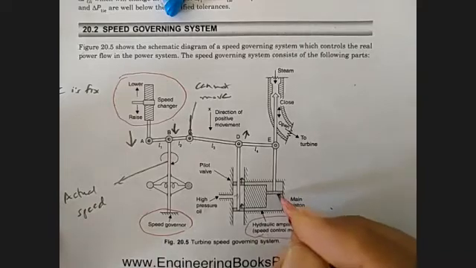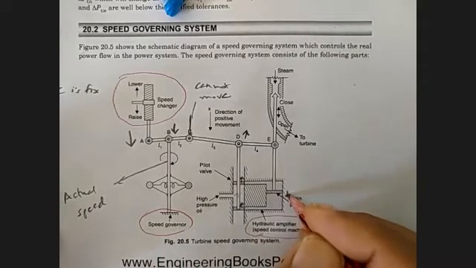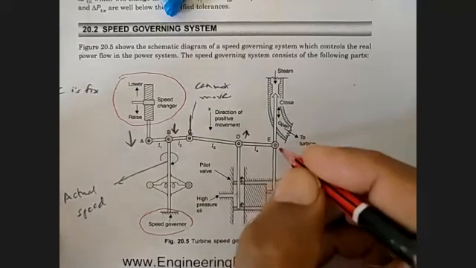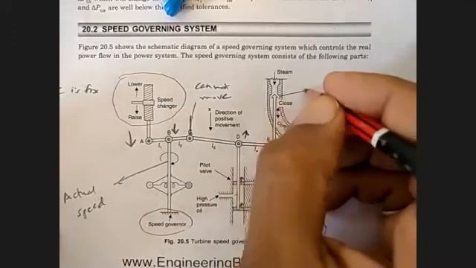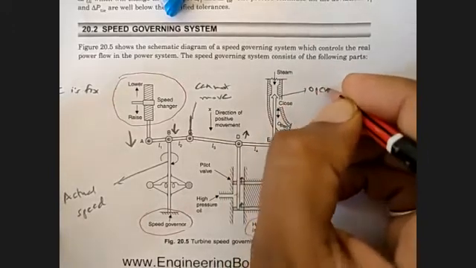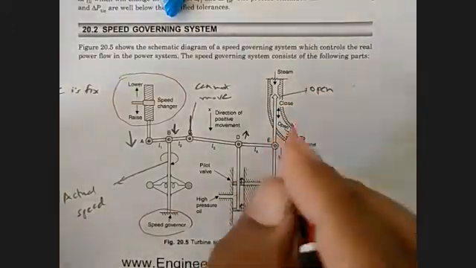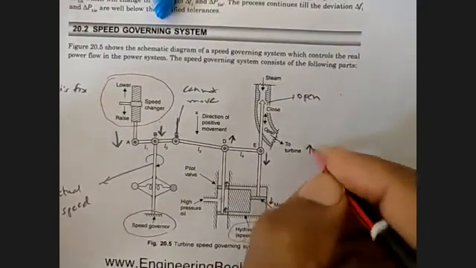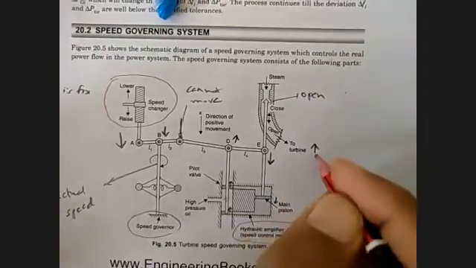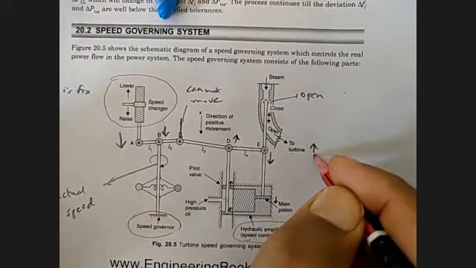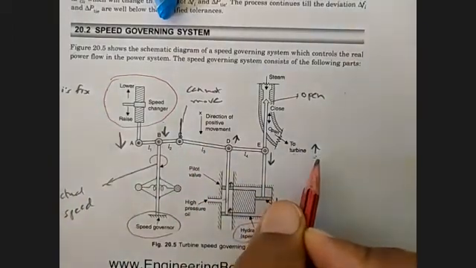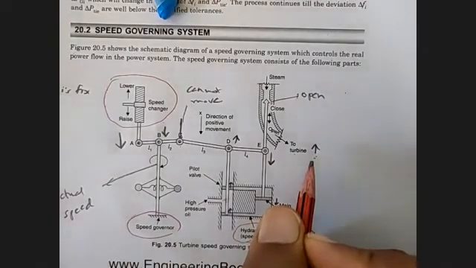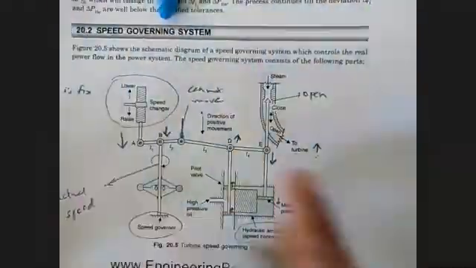So this main piston will be moved downwards, and due to this E point will be moving downwards, and this valve is also open, and steam to this turbine will increase, and due to this increase in the steam in the turbine, speed increases, and due to this increase in the speed, your frequency will also increase. So this is how it will be working.